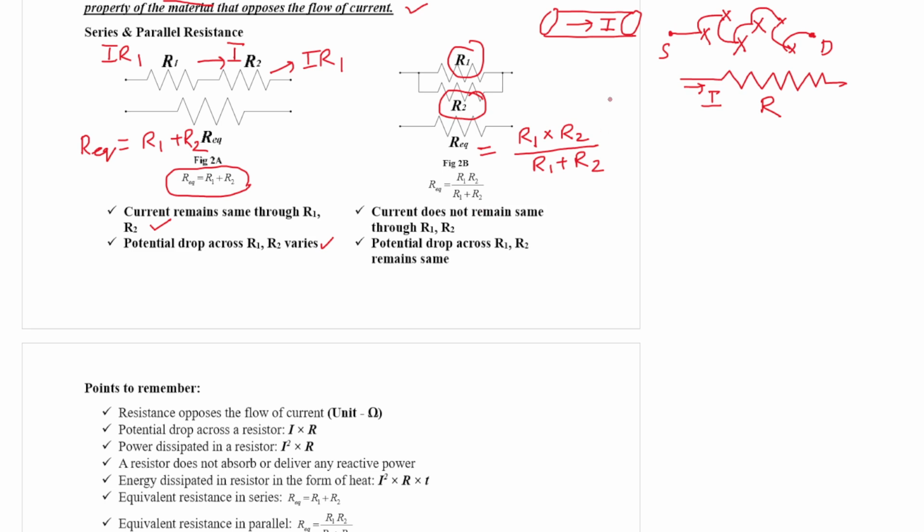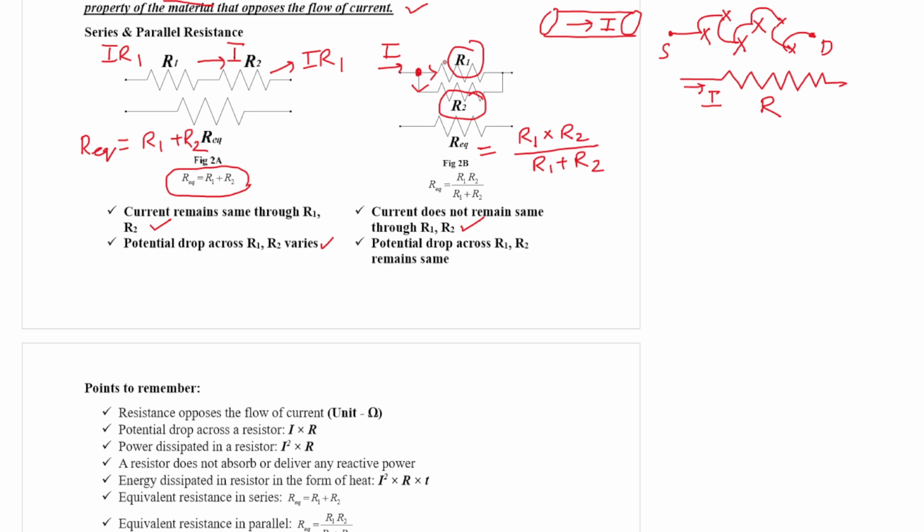On the other hand, if you consider the parallel circuit, since there are two paths, suppose one current I is flowing. After reaching this point, this current faces two diversions. One is along this path, another is along this path. So that is why in a parallel circuit, current does not remain the same.